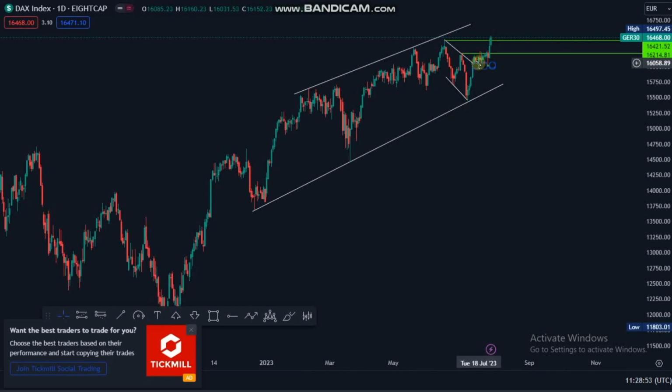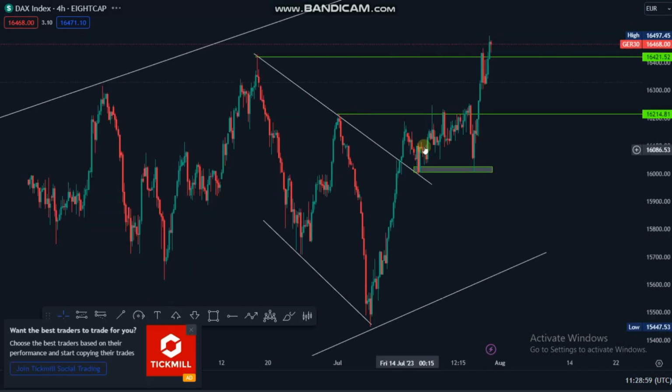So I did place my buys. Let me just go to a 4-hour time frame and show you guys what happened. I did have my buys over here. We went up, then I locked my profits somewhere around this area, and then the market came down, hit my stop losses, actually hit my trade stop, right? And then gave us a double bottom.